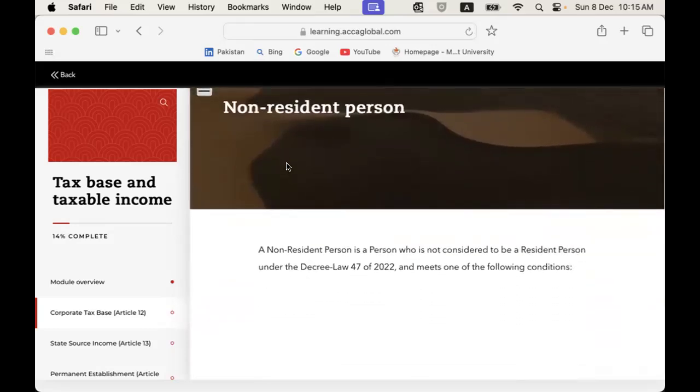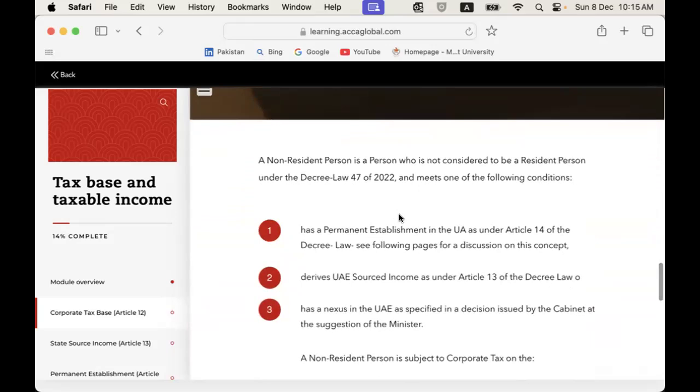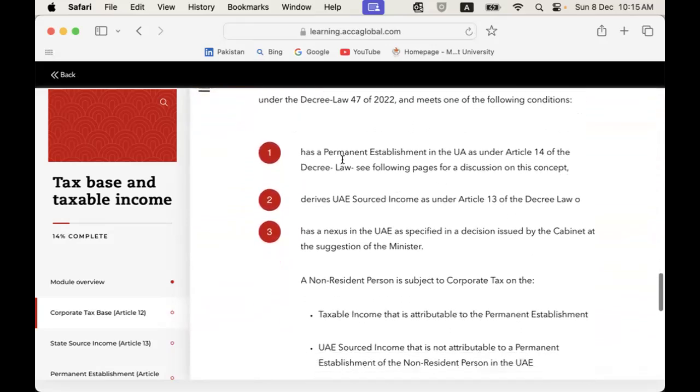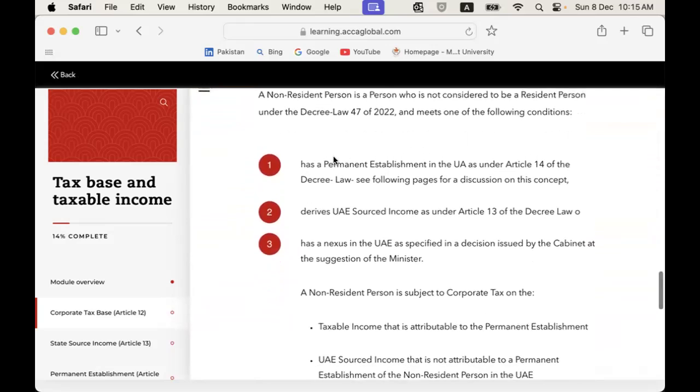So we are moving to non-resident persons now. A non-resident person is a person who is not considered to be a resident person, and it meets the following conditions. That non-resident person has a permanent establishment in UAE.